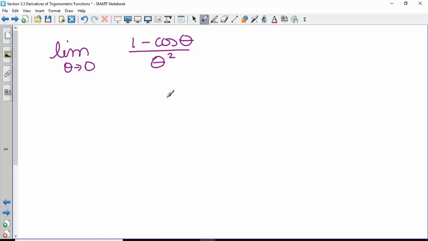What could we do if we want to somehow get this into sines instead of cosine? And the reason, again, why we can't just plug in is that cosine of 0 is 1, so 1 minus 1 is 0 divided by 0. That's why we can't just evaluate the limit. I need to multiply by something.